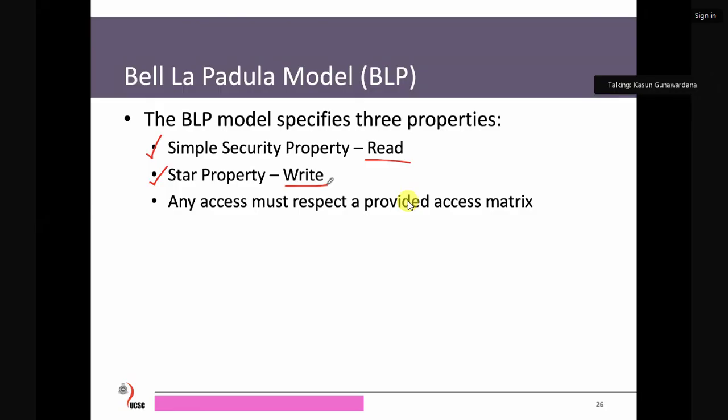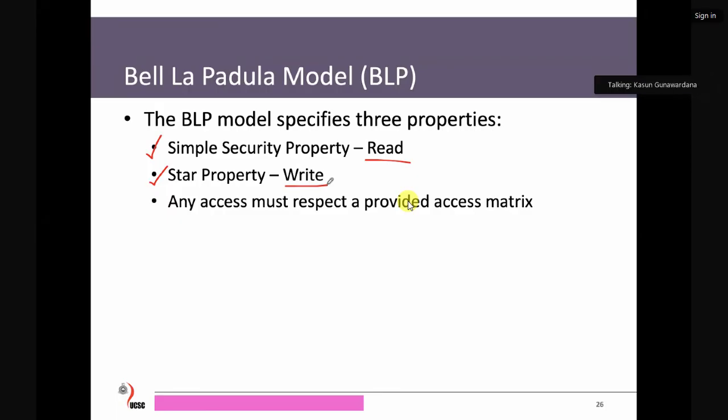Why are we specifically looking at these two? Because with multi-level security, we have to ensure the strictness of the resources, or the strictness of data, through write and read operations.